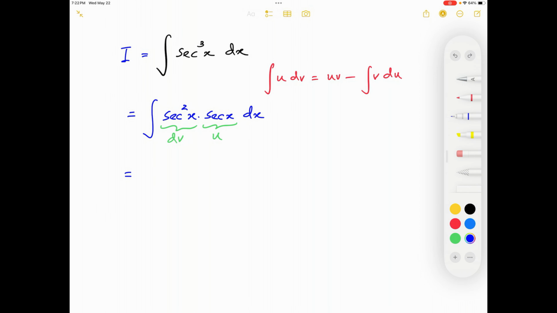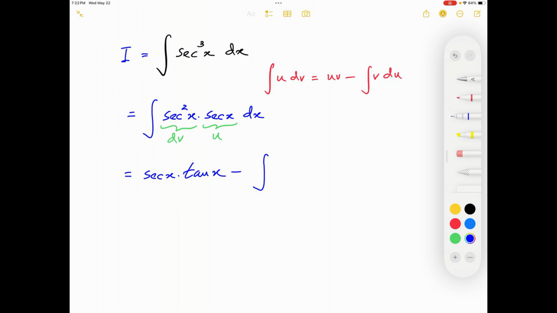U is equal to secant x times v. We know dv is equal to secant squared x. In order to obtain v, I need to integrate secant squared x. From the standard table of integrals, we know the integration of secant squared x is equal to tangent x. And then I have a negative symbol in the middle, minus integral v times du.